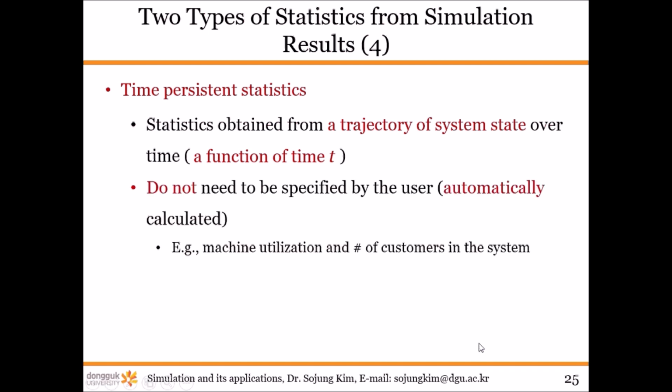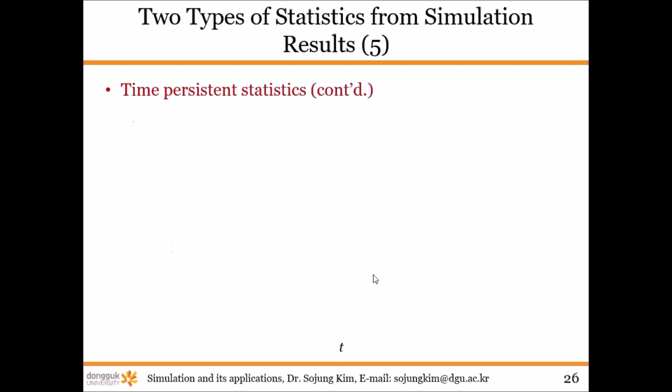Also, these statistics do not have to be specified by the user. In other words, these values will be automatically calculated. For example, machine utilization, resource utilization, or number of customers in the system will be calculated automatically, so you don't have to worry about it.